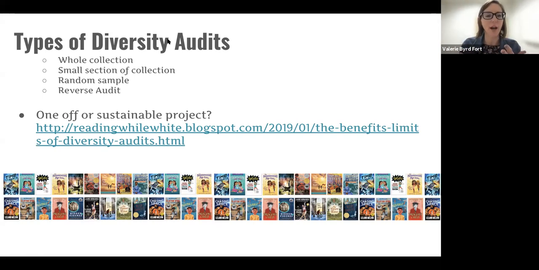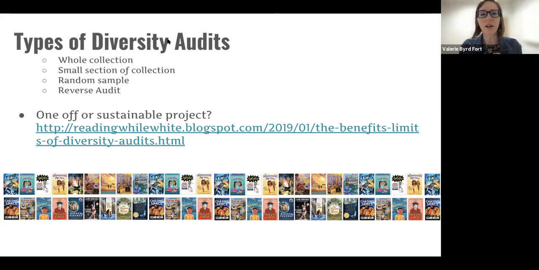So that's a reverse audit. I will tell you of an audit that I have done. Like Caroline said, I am the coordinator for Cocky's Reading Express, which is the University of South Carolina's literacy outreach program. Cocky's Reading Express travels the state of South Carolina, sharing books with kids. We read books aloud and we give books away. Cocky's Reading Express started in 2005, and I have been the coordinator for the past 4 years.